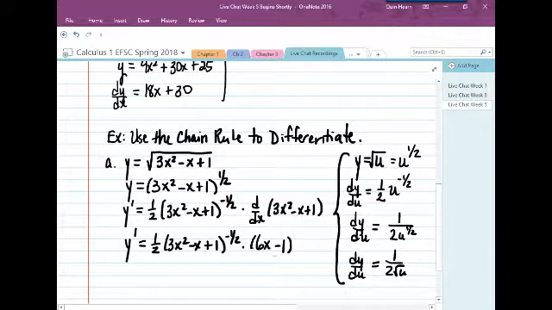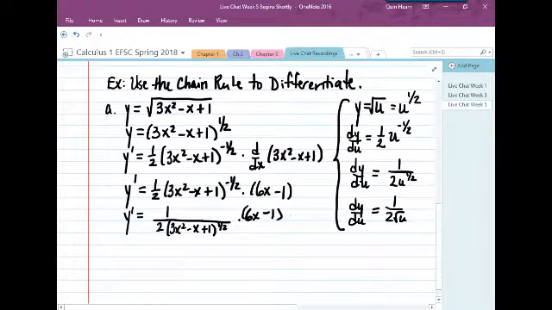Alright, so this is our derivative, but it's just not in a pretty format. So as I did with the smaller function that didn't require the chain rule, I'm going to rewrite it. We're going to bring the negative exponent down into the denominator, change it to a positive. Okay, notice that that 6x minus 1 is like a whole number being multiplied by a fraction, so it just multiplies into the numerator.